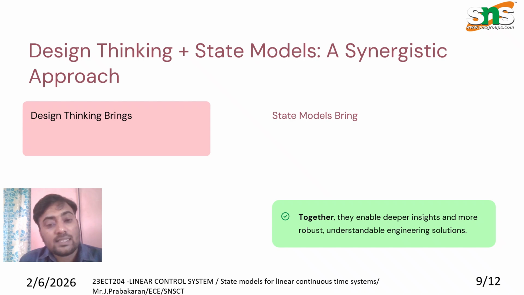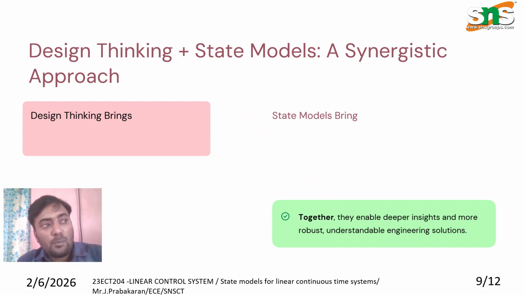Now, let us see the benefits of combining design thinking with state model. We know design thinking provides human-centered understanding, creativity, better problem framing, and intuitive learning. A state model provides mathematical precision, accurate analysis, prediction of system behavior, controller design capability.